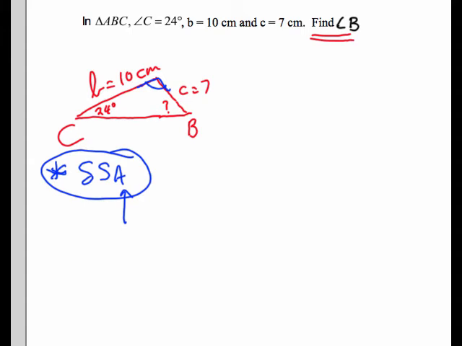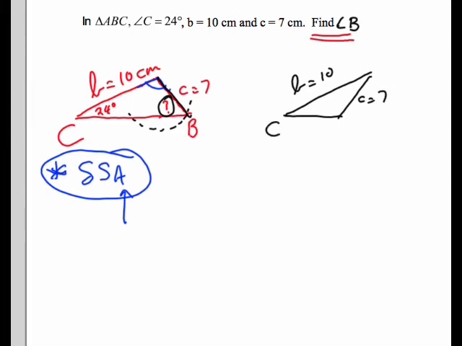In other words, there might be two possible angles for angle B. And if I just sketch this, I might realize again, similar to the one I just did, I could maybe swing this side over here, B, so that C was here, and I had a different value for angle B.